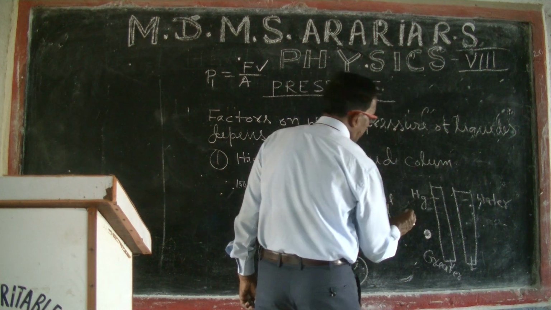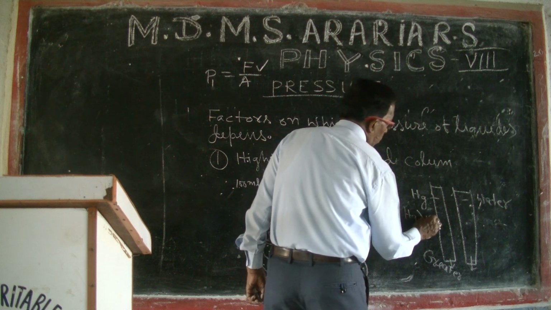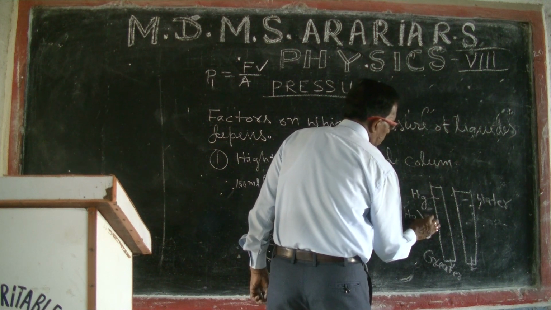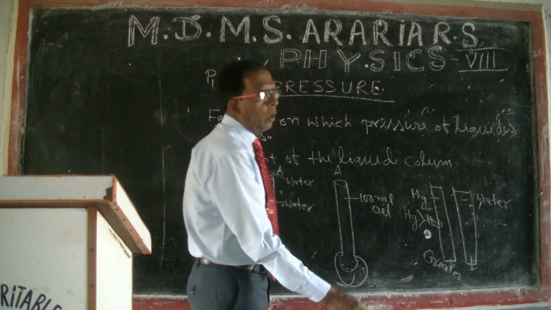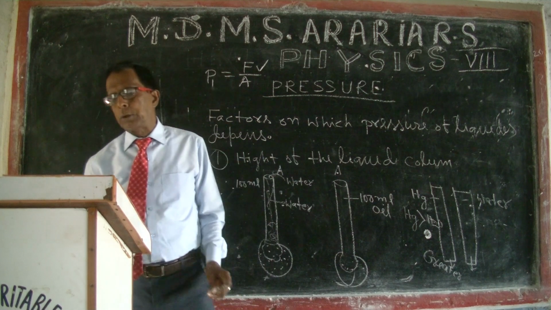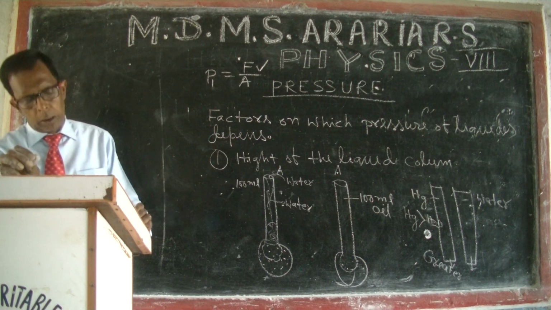The pressure of the mercury, Hg, is greater than water, H2O. So we can also say that the pressure of liquid depends on the density of the liquid.